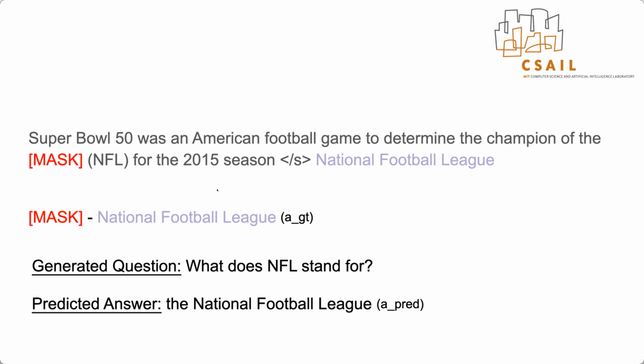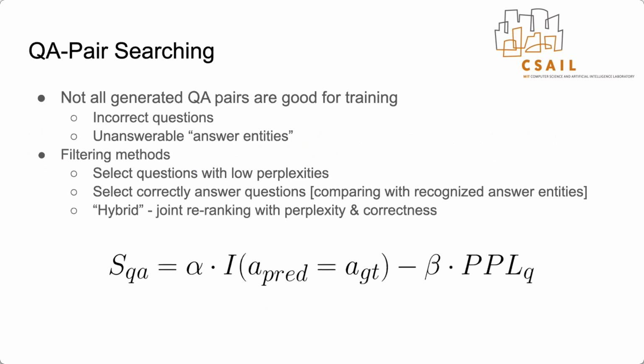And we call the recognized answer entity the answer ground truth. And after getting the generated question, we predict the answer with a pre-trained QA model, and the predicted answer is the answer predicted. So they might be different from each other. Since the generation models are not perfect, we need a method to filter the generated data.